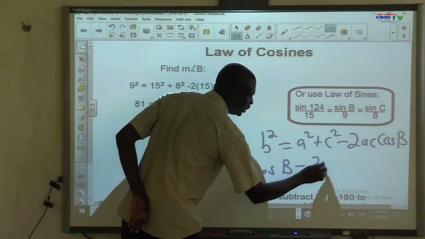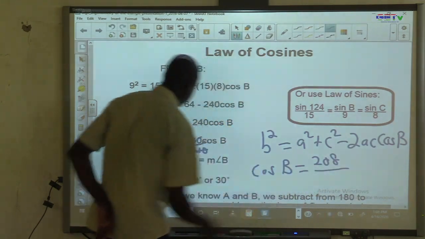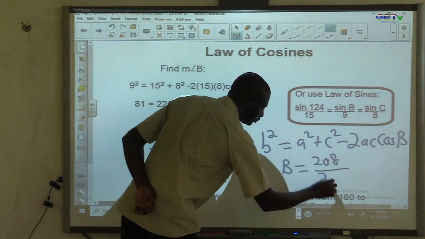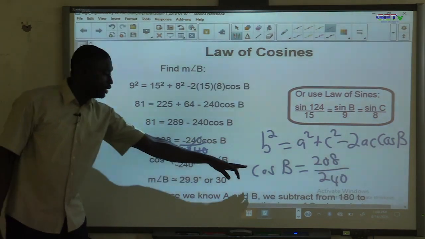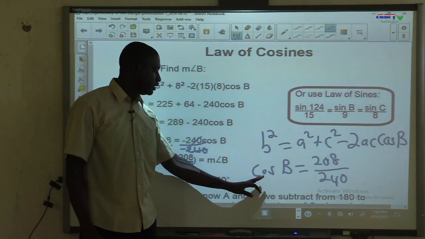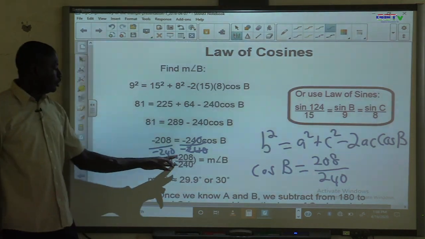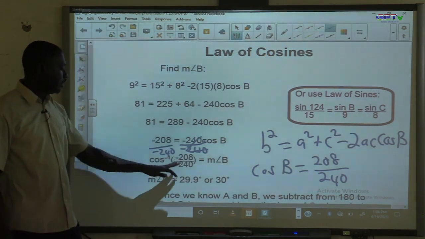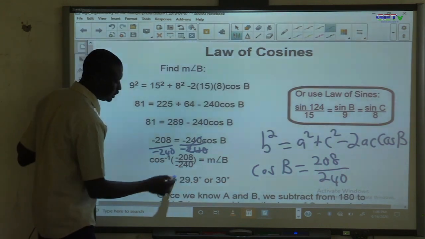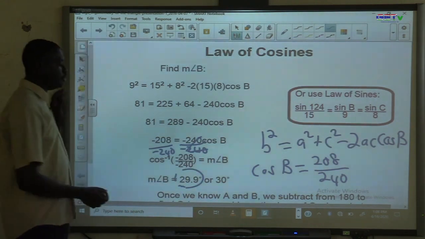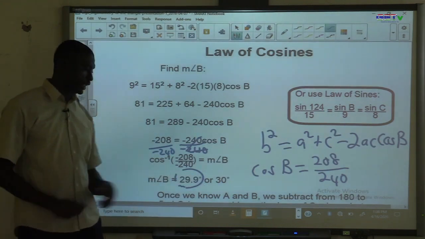We'll have 208 divided by 240. And if you find B, we take the cos inverse of 208 divided by 240, and that will give us this value that we have there, that is 29.9, which is approximately 30 degrees.